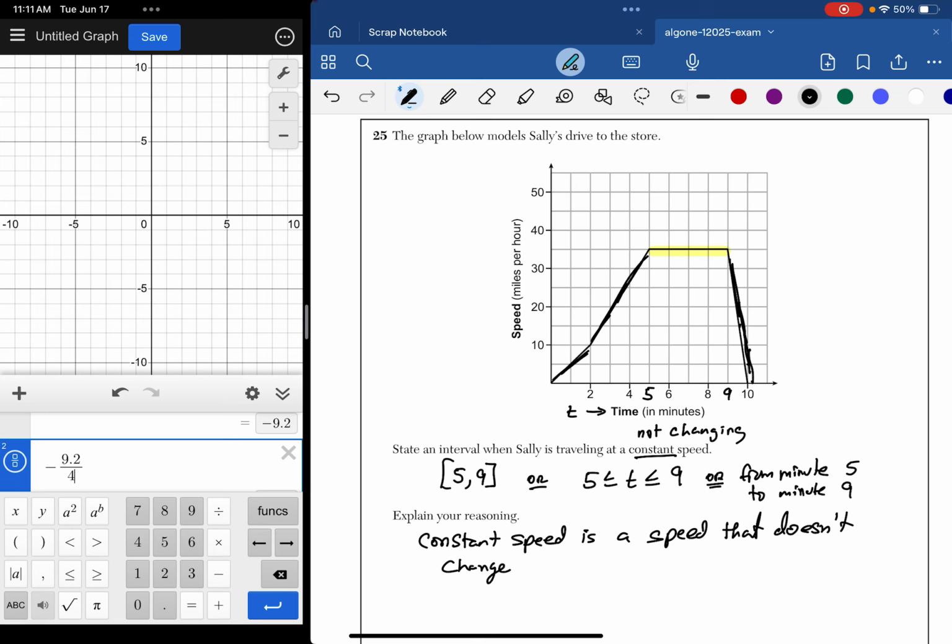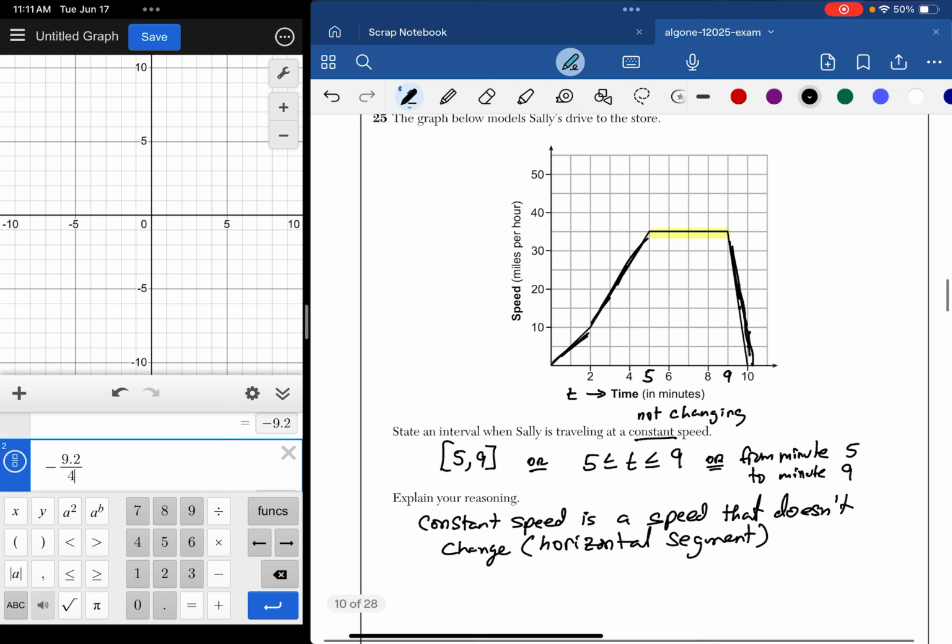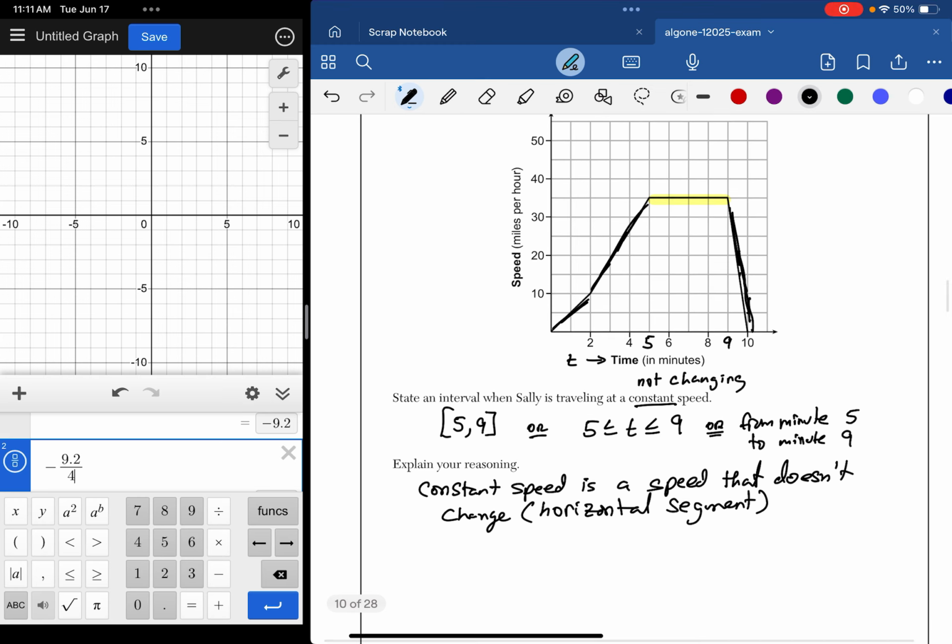All right, and graphically, that's horizontal. So a constant speed is a speed that doesn't change. It's a horizontal segment in the graph.